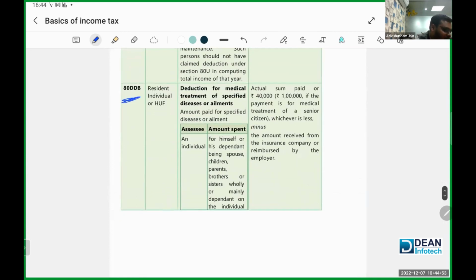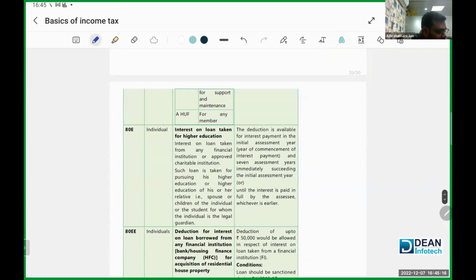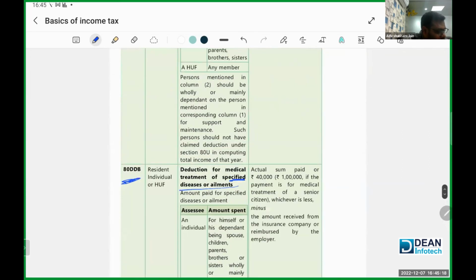80DDB is a deduction for medical treatment of specified diseases or ailments. For example, if you are paying a certain sum to cure specified diseases. Now, specified diseases are those diseases that are mentioned in the Income Tax Act. Not all diseases are covered under specified diseases. It is not like if you got a fever, you claim this deduction for it. For specified diseases, there is a whole list.